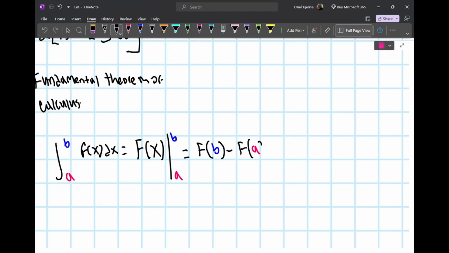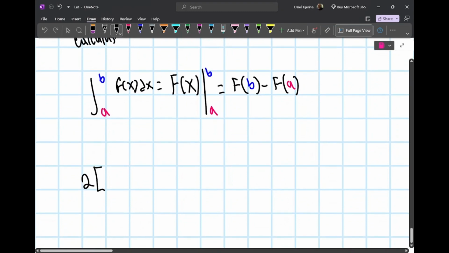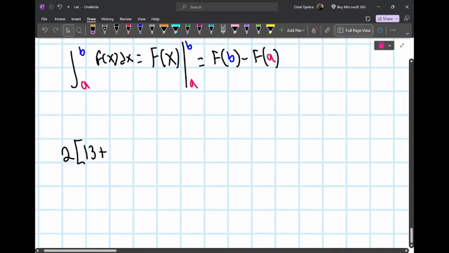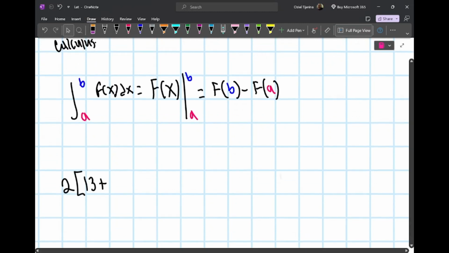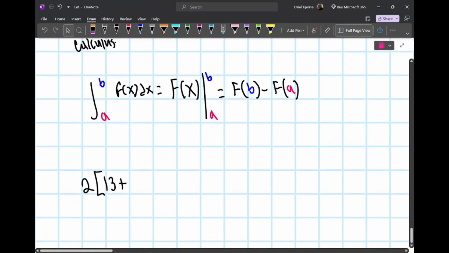So therefore, we know that it's going to be 2 times 13 plus, and the 7x is actually going to be the following. Hold on, guys. And actually, let me do it this way.